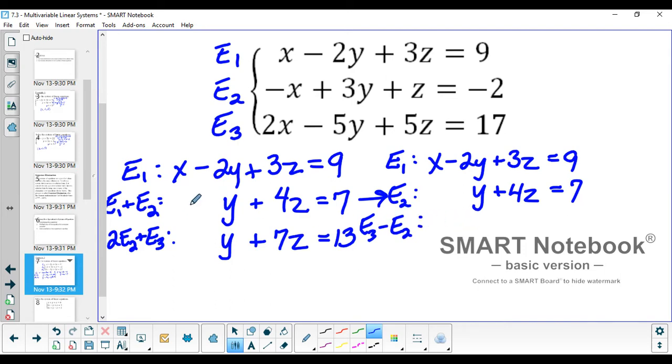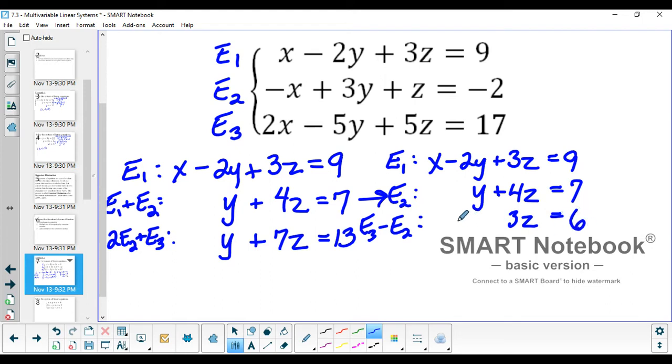When I do that, of course, 0 minus 0 is still 0. y minus y is also 0. 7z minus 4z is 3z, and 13 minus 7 is 6.